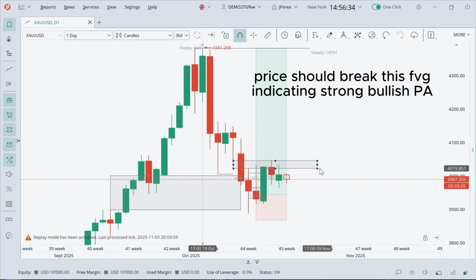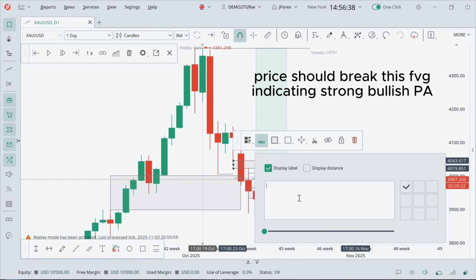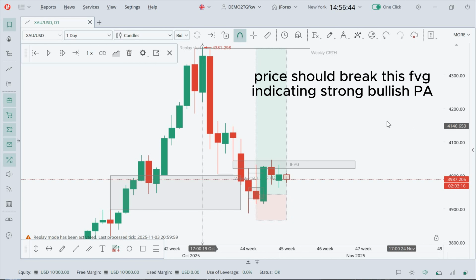There is a fair value gap there which we anticipate price to disrespect because we are in a bullish structure. Later it will become an inversion fair value gap.